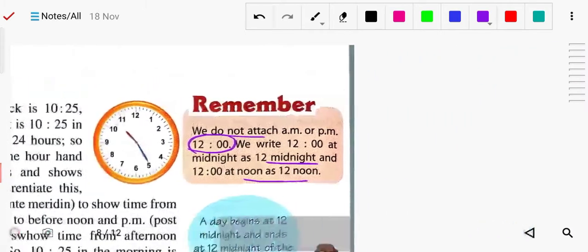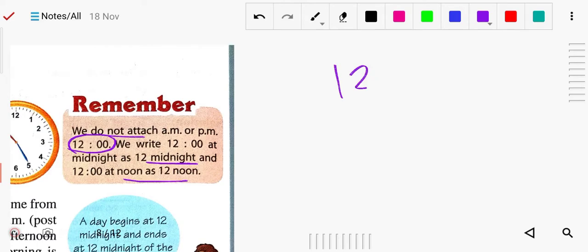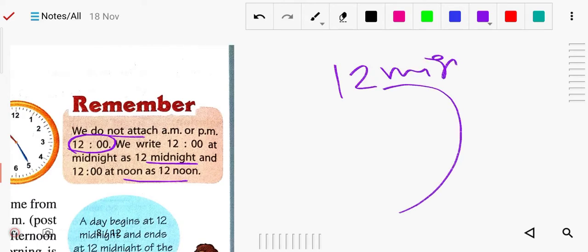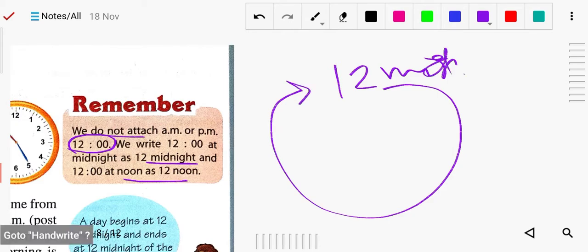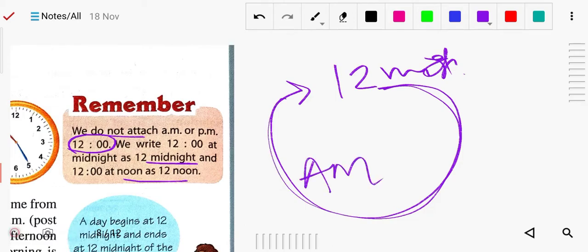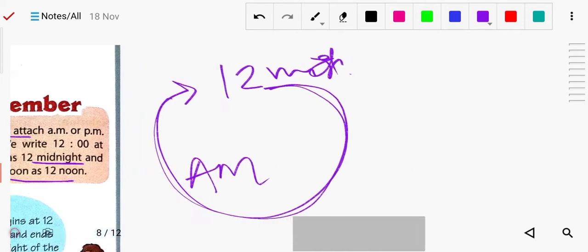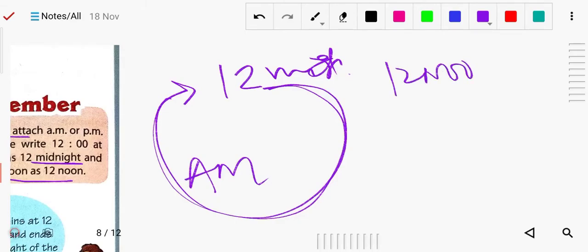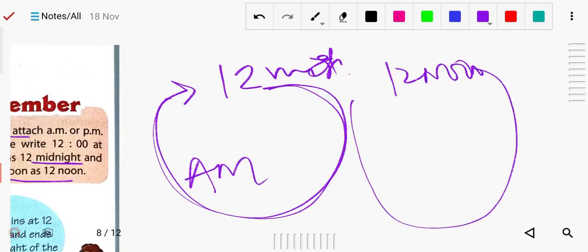So simply understand it like this: from 12 midnight to 12 noon, this time is your AM, and from 12 noon to 12 midnight again, that is your PM.